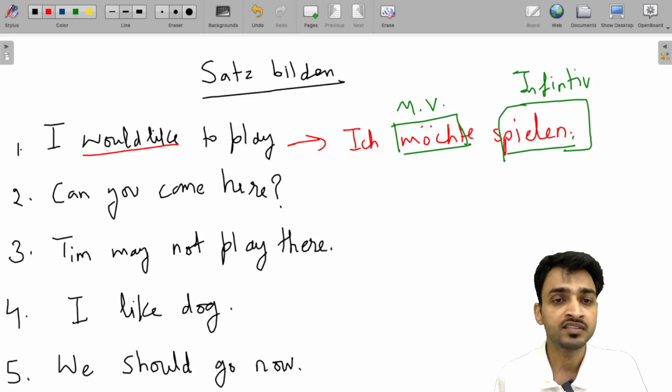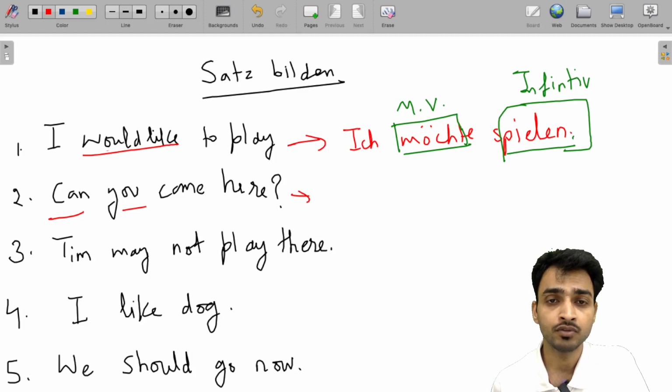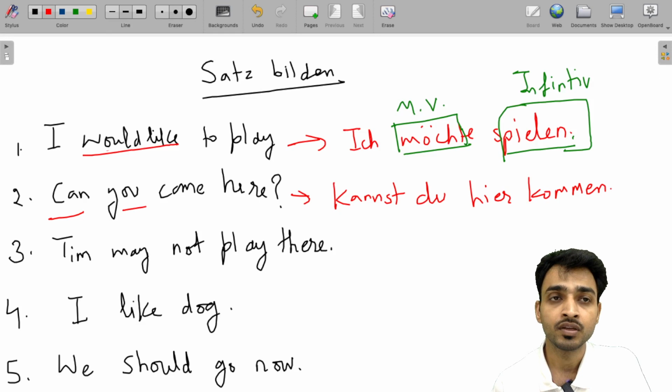This is with all the modal verbs. Now we see the second sentence. Can you come here? So the modal verb is can, and the person is you. It is formal or informal, we do not know. So we'll see informal, du form. So with du it is kannst. You can see the table if you have written. Look at the table and then you can follow me. Kannst du hier kommen? Here also the modal verb is kannst, and another verb I have written at the last place, which is kommen.